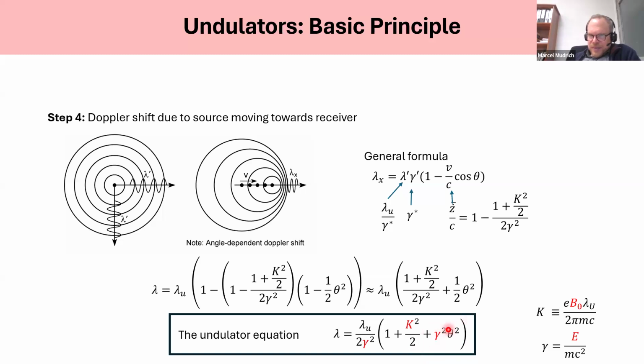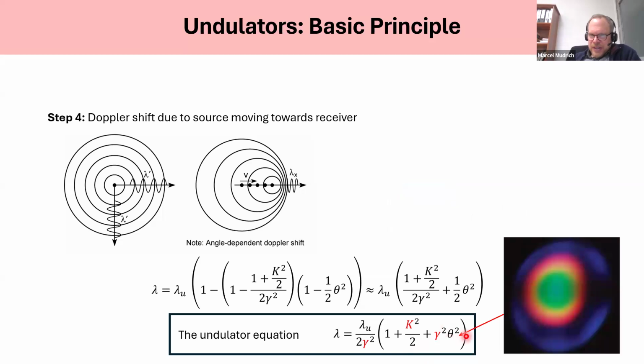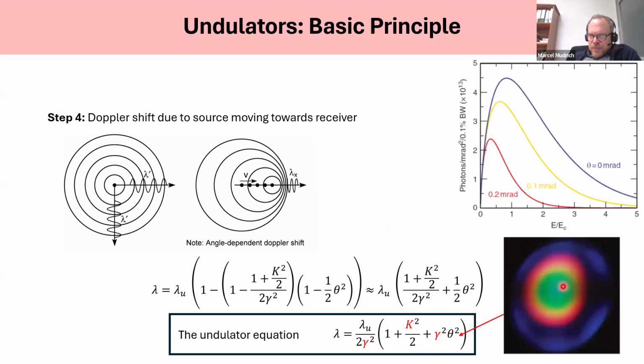But there's also an angular dependence, which means that if we look away from the beam axis, we will measure a slightly different emission spectrum. The emission is most energetic at 0 angle, but as we move away from the beam axis, we will see a slightly changed emission spectrum.